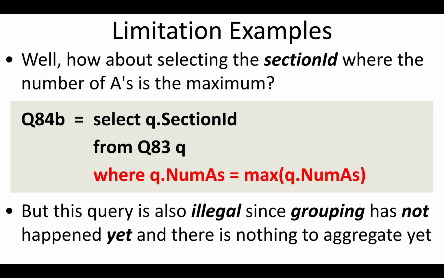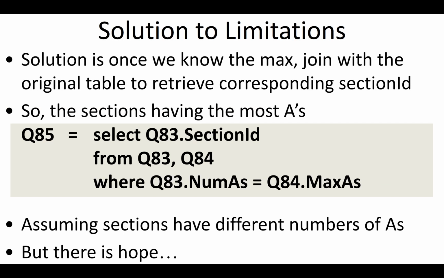The where clause tells me the records that I want to aggregate. So it's like a chicken and egg, right? I can't do the aggregates because I haven't identified the records, and I can't identify the records because I haven't identified the aggregates. So it's illegal. I can't do that either.